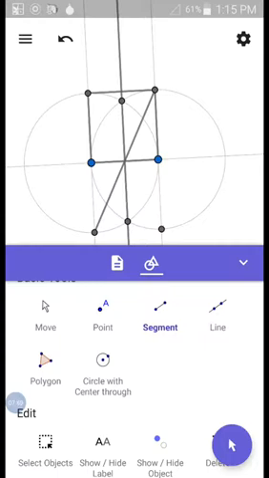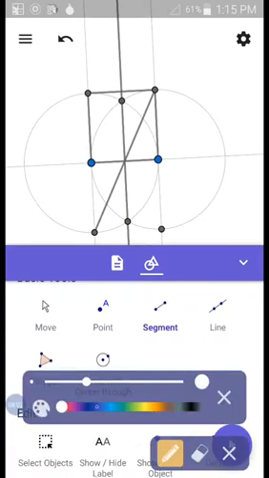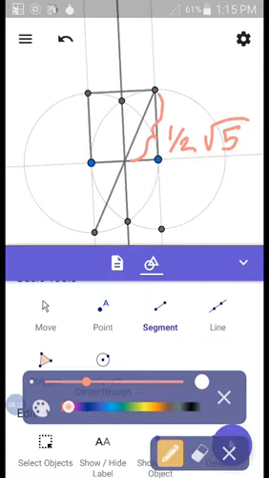Now, I've done other videos explaining that this length, in terms of our radius being unit 1, is the square root of 5. So you have to understand that makes this length half the square root of 5.